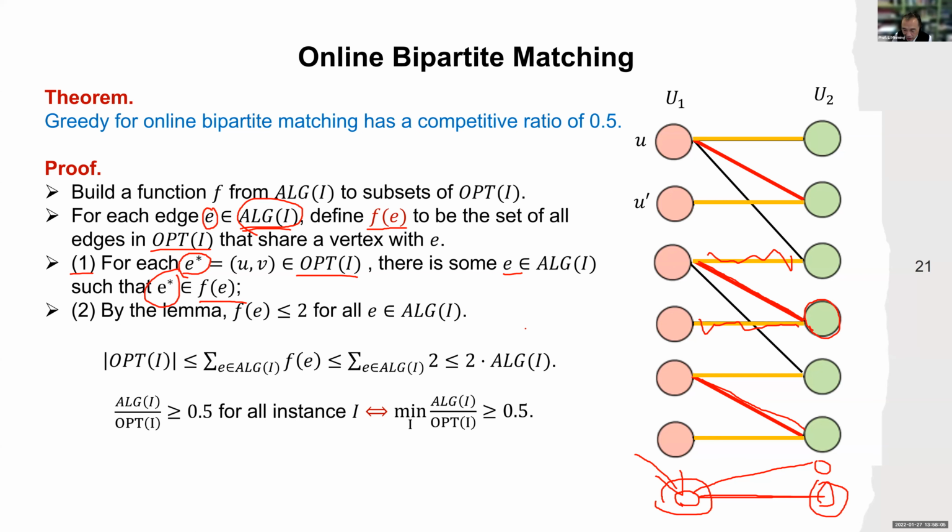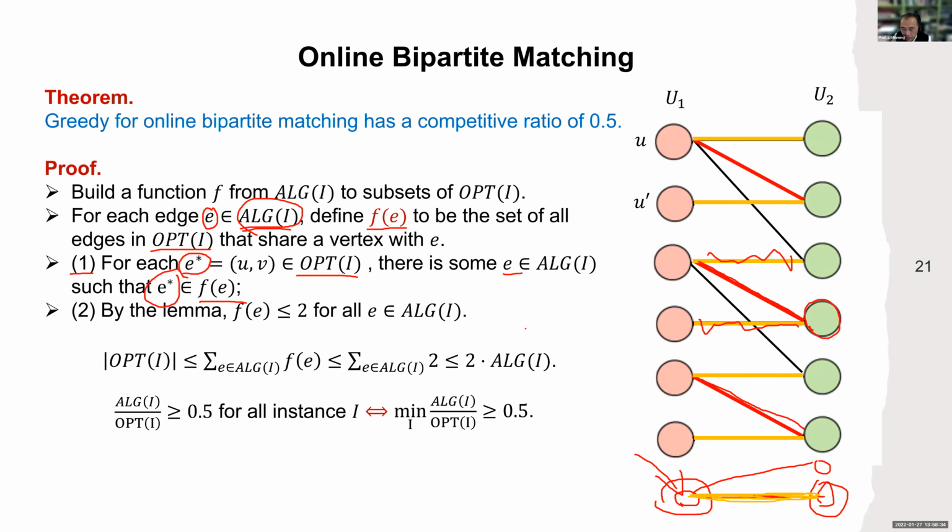I should use another color actually, because this is not red. This should be yellow. Let me use my pen. So this one is orange or yellow.